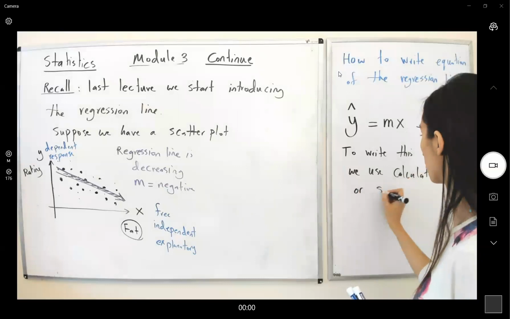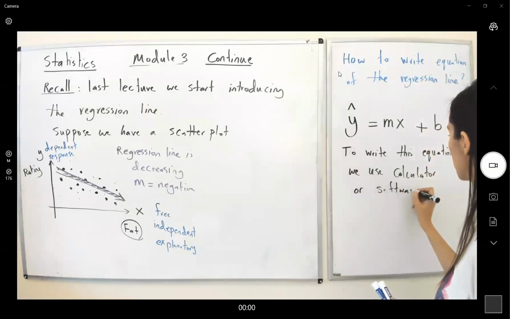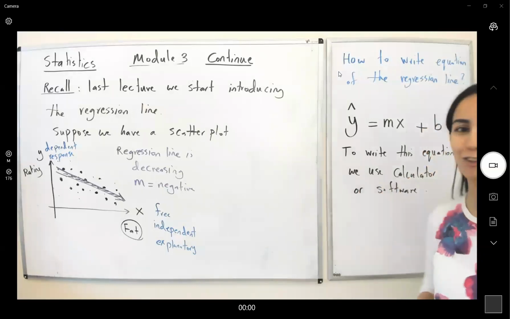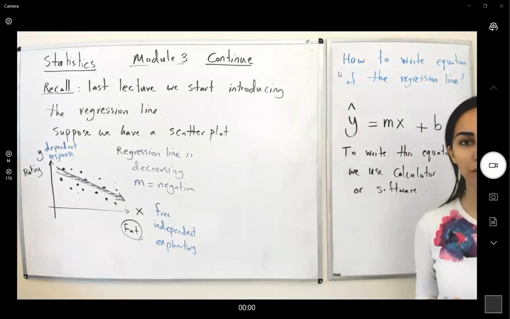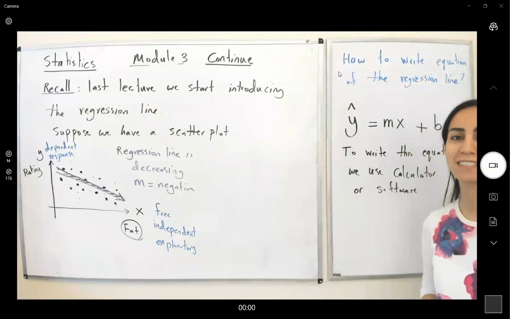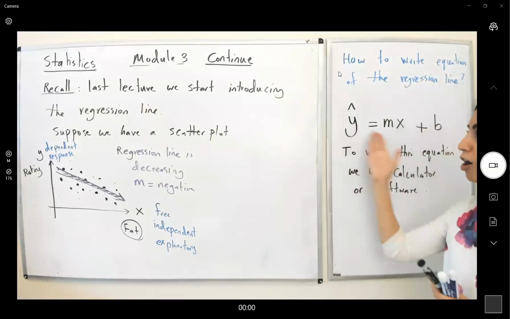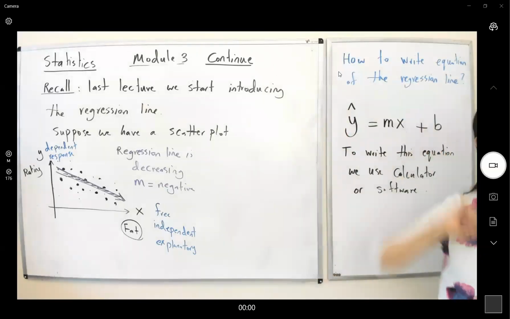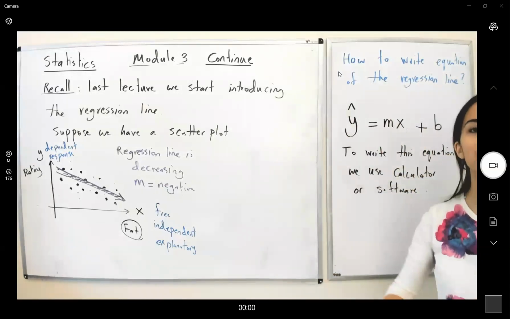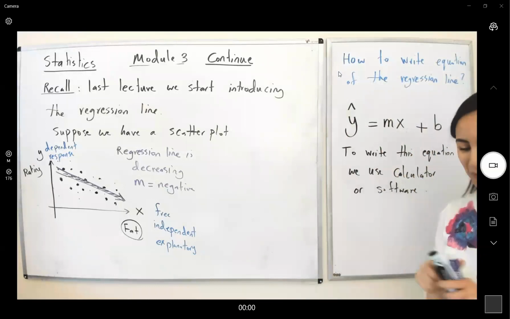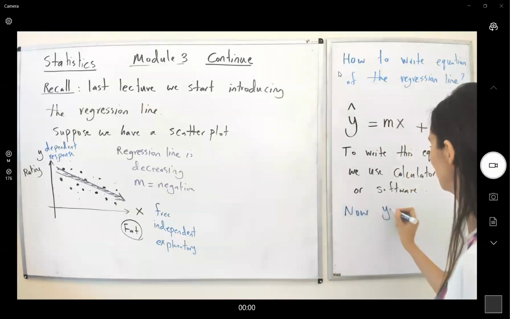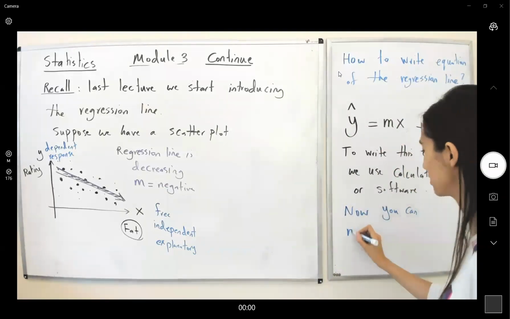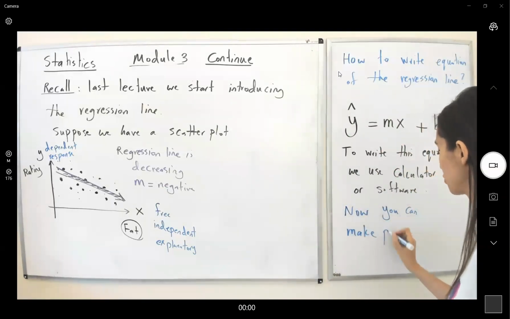After the calculator or software gives us the equation of a regression line, your job as a statistician is to analyze the behavior of your data based on this equation and make predictions. Now, you can make predictions.